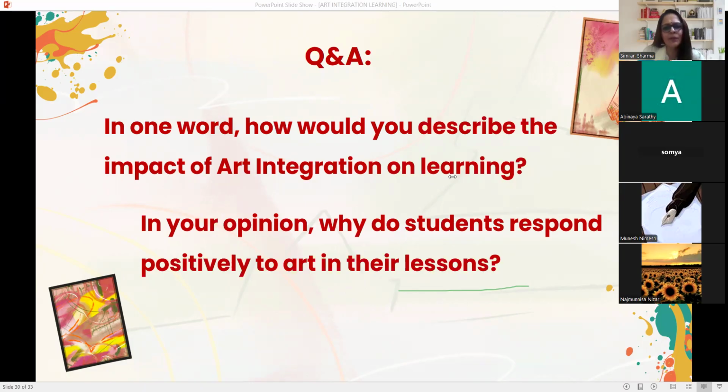Like I see one of the comments here, that making an abstract visible, like atoms and galaxies, material nature can be related to cooking also. So your co-teacher and you both have to sit together and formulate the activity, keeping the SDG goals in focus, as well as your subject connected with both the states.